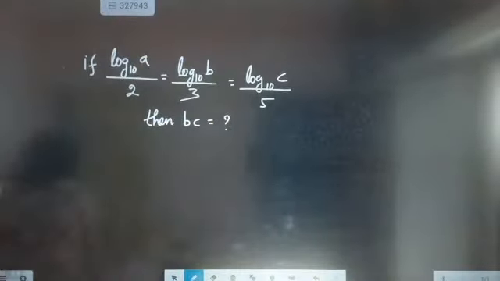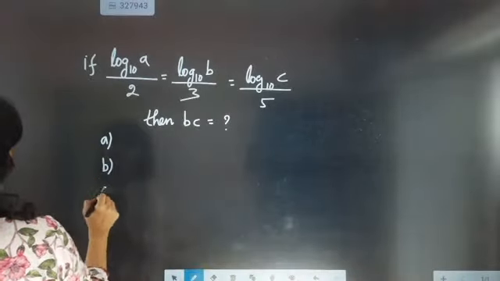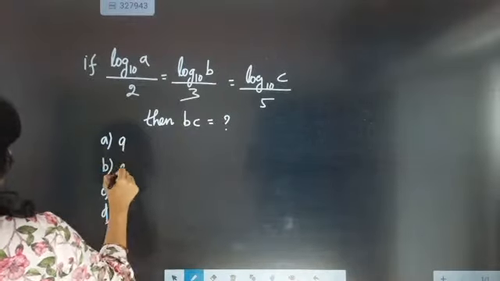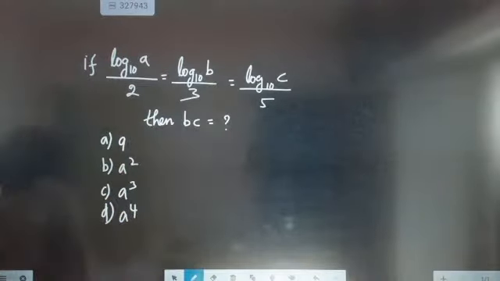Options are A: a square, B: a cube, C: a to the power 4. Try this question out. Let's see how you are going to handle this question.